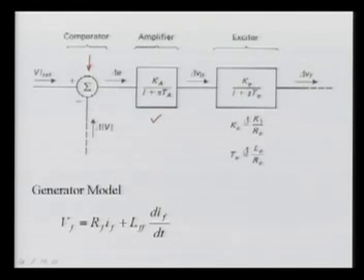If you are using a rotary amplifier or a static amplifier, then the gain value is decided accordingly. And then we modeled the exciter, Ke upon 1 plus sTe, and now this is going to the field voltage of the main alternator, and then we have to model that.